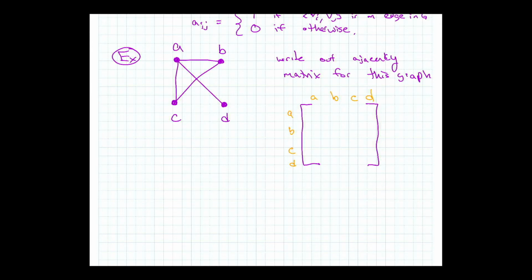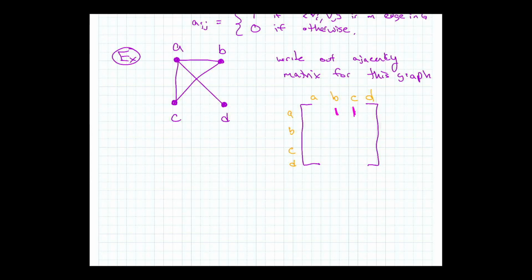So, right, there's an edge between A and B. So you go to the spot A, B, and you put a 1 there. And then there's an edge between A and C. So you go to A, C, and you put a 1 there.